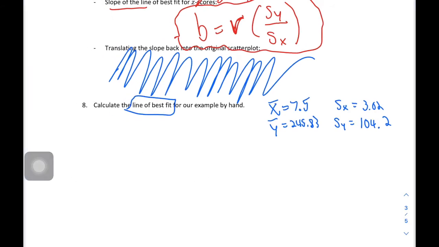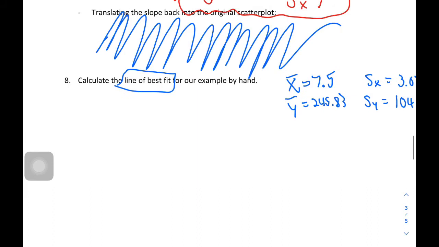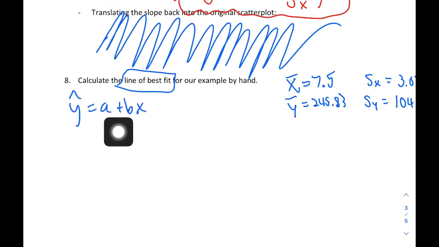All right. And this is actually something that many of you have been doing since 8th grade. It's going to look a little familiar. All this is, guys, is we know that we have this equation, and we're going to try to figure out what is the y-intercept and what is the slope.